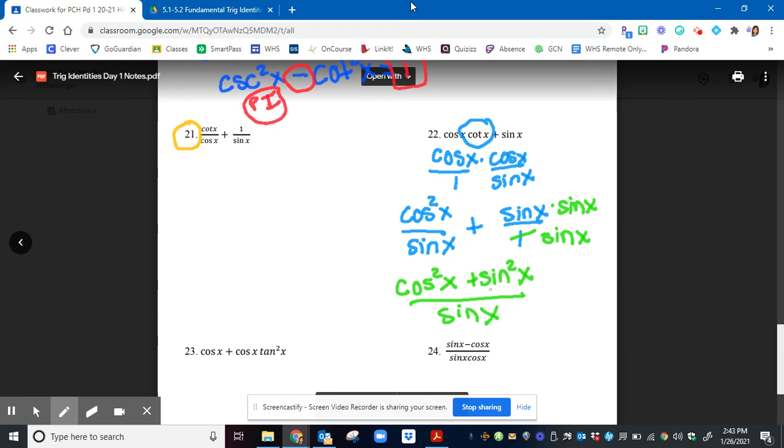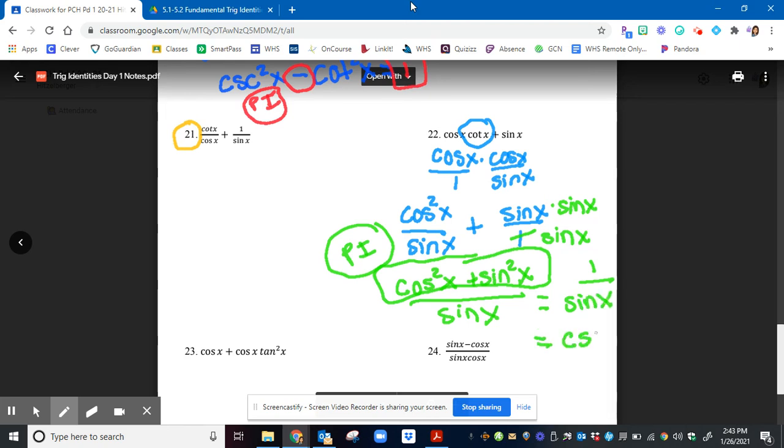I don't want to cancel these out because I just made a point of putting them together. But you should see that right here is that Pythagorean identity again. Cosine squared plus sine squared is 1, and hopefully you guys are saying, yes, Mrs. Hitzberger, that is 1. So 1 over sine x. And if I take this one step further, its partner, the reciprocal, is cosecant. And then we are done.